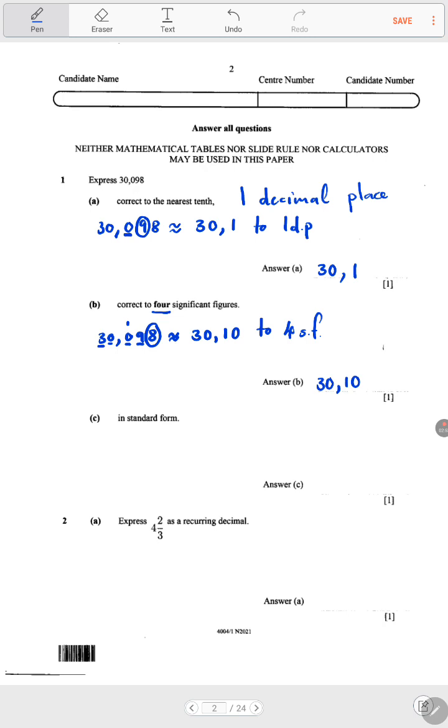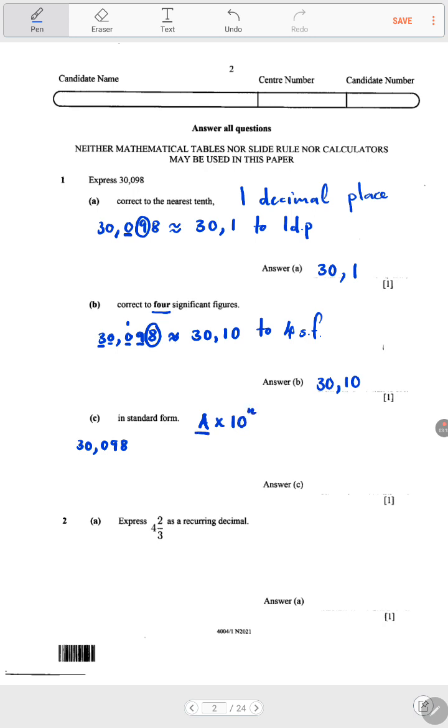And now they're asking you to express 30,098 in standard form. So in standard form, this is what happens. You are expressing your answer in the form A times 10 to the power n.